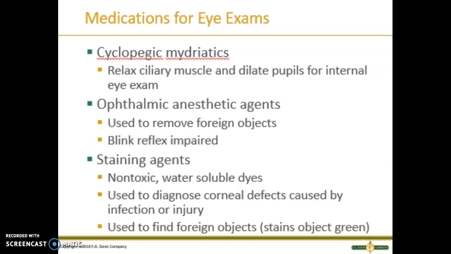Local ophthalmic anesthetic agents that impair the blink reflex are used when removing foreign bodies, and staining agents are non-toxic, water-soluble dyes used to diagnose the corneal epithelial defects caused by infection or injury. They can assist in finding the foreign body or a contact lens by coloring the object green.